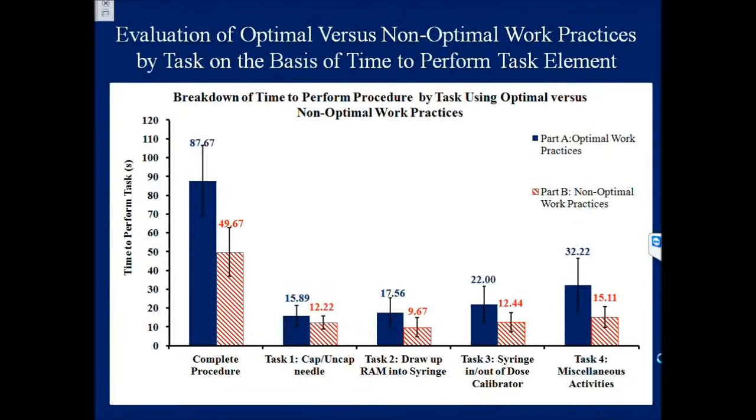And so then I broke down the task, and I looked at the actual time that it took to perform each part of the task. And you can see that when they use optimal for each one of these little tasks, it took more time.